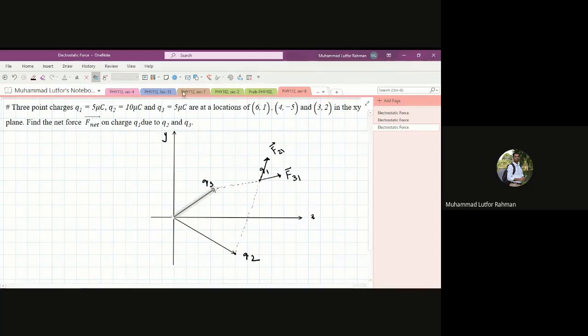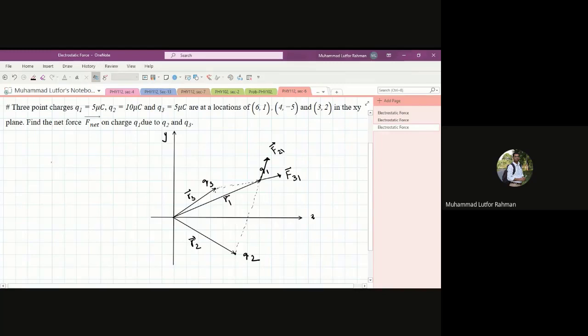This is the position vector of these charges. So I should label this R2, this R3, and this R1 position vector. I can find the position vectors, right?